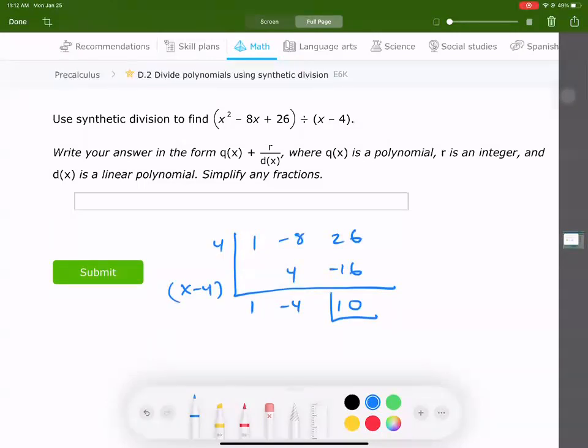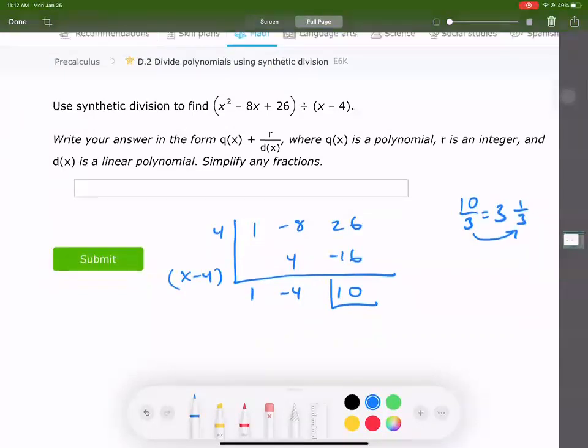Now, how do I rewrite this out? Let me show you a reminder from back in the day. If I said 10 divided by 3, 3 goes into 10 3 times with a remainder of 1, right? And we write it this way, where we write what we tried to divide by under the remainder. So we're going to do the same here.